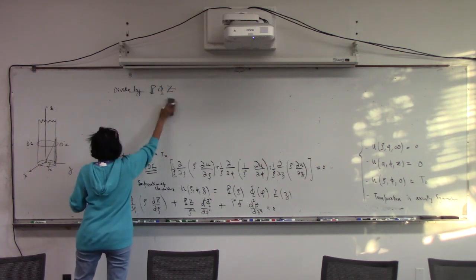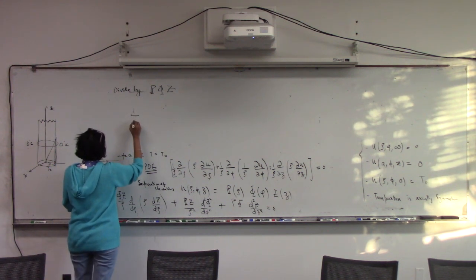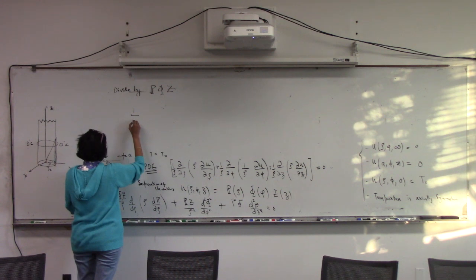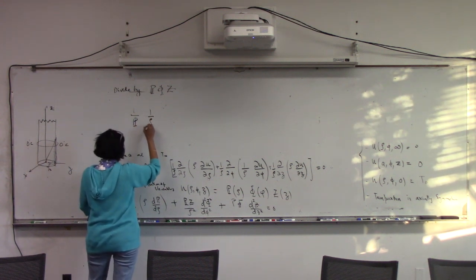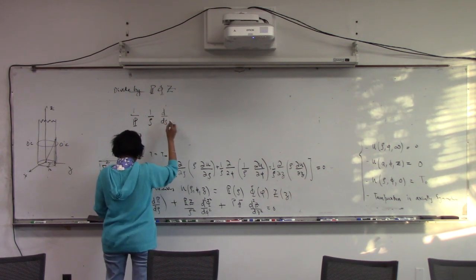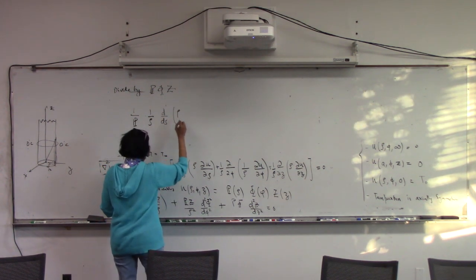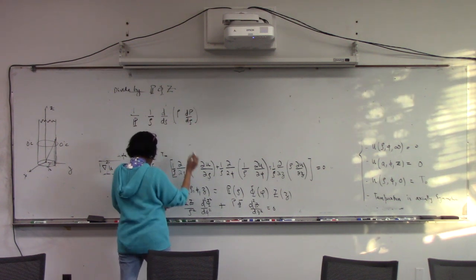So I will have the first equation be 1 over P, I also have 1 over rho, d d rho of rho dP d rho.